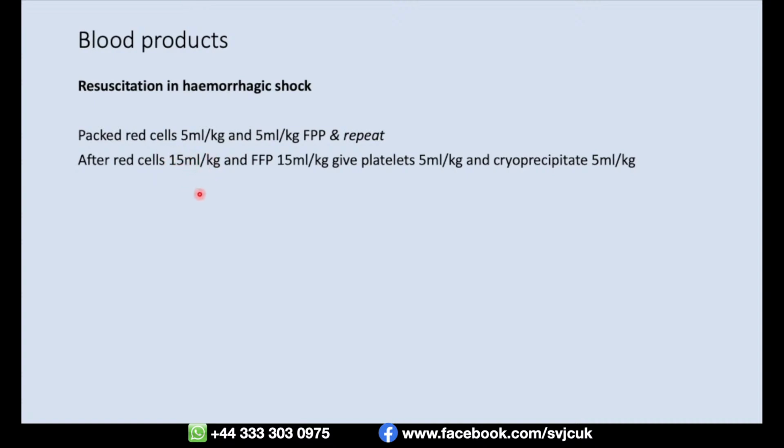So typically ratios of 3 red cells to 3 FFP to 1 platelets, or 4 to 4 to 1 would be quoted. But the principle is to give them in a balanced way, and not simply to give loads of red cells.